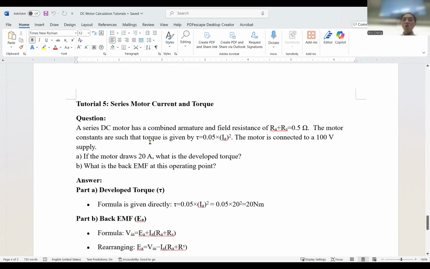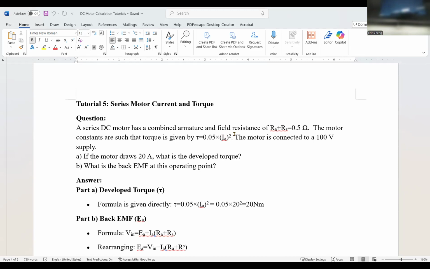Now for the torque equation, we provide torque equals 0.05 multiplied by IA squared. Before, the torque was only proportional to IA, but now IA squared. Why is that? Why is this motor different from other motors? Yeah, exactly.